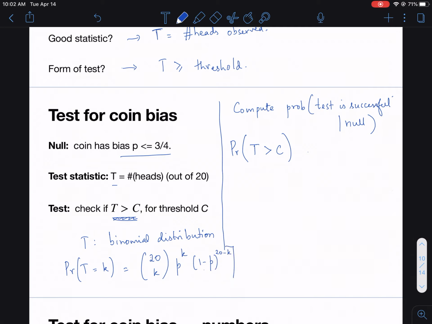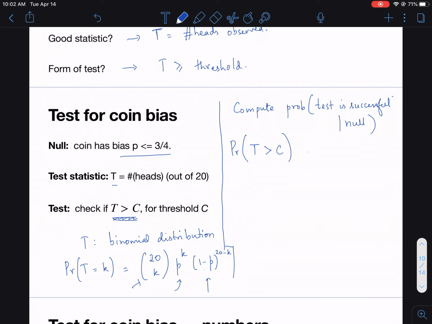And the way you get this is by saying that if I want the number of heads to be exactly k, I pick k out of the 20 positions. There are so many ways of doing this. Once I do that, there's a p to the k times 1 minus p to the 20 minus k probability that those k are heads and everybody else is tails. So that's why I get this quantity.